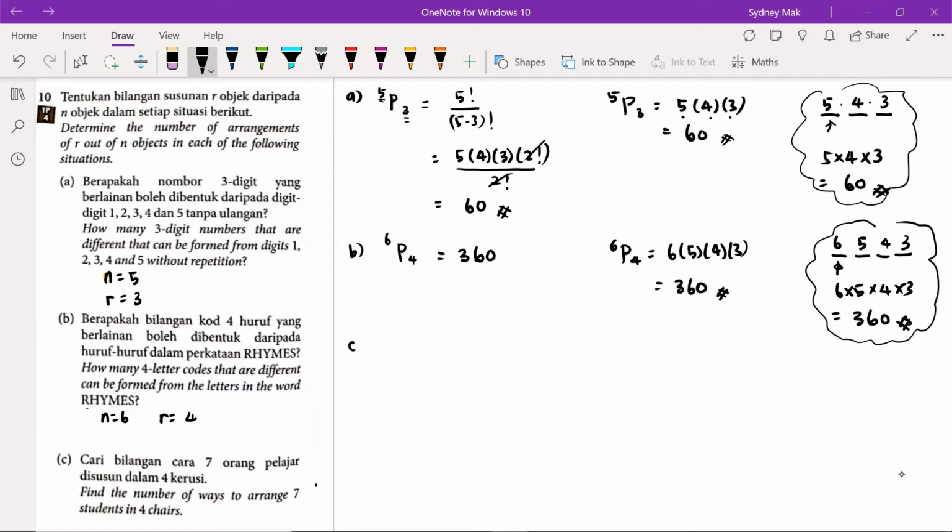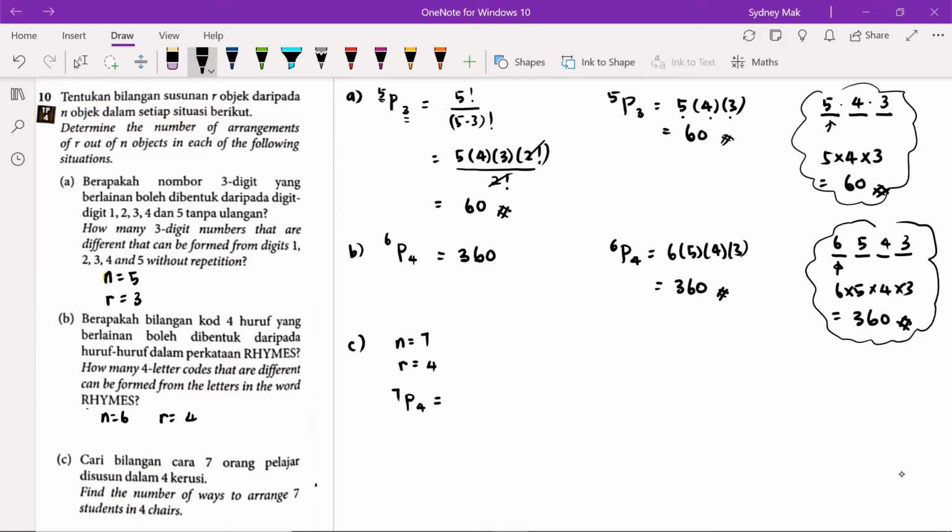Next, part C. We have to find the number of ways to arrange 7 students in 4 chairs. In this question, our n is 7 and r is 4. Out of 7 students, we choose 4 to be seated in the chairs. Therefore 7P4.